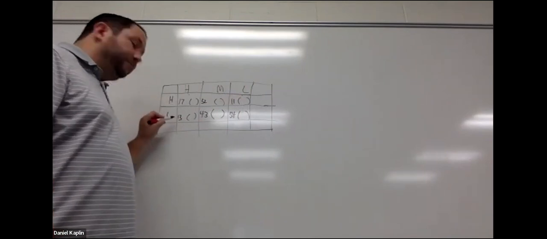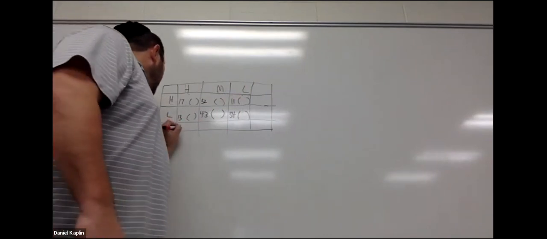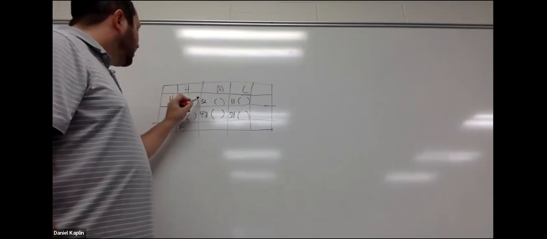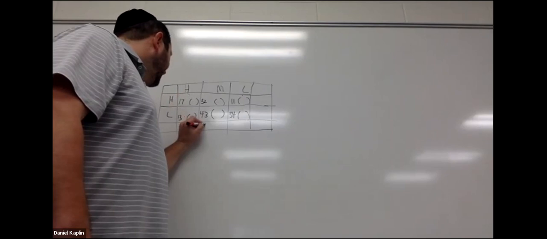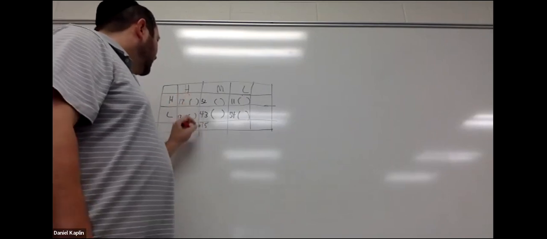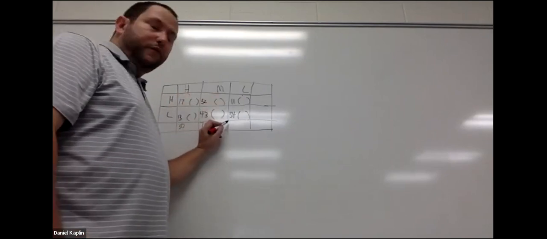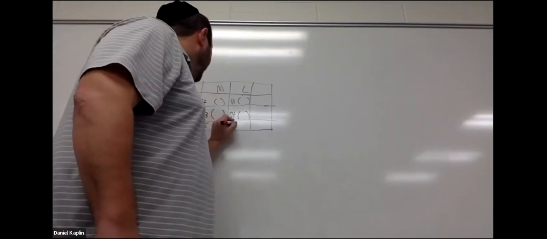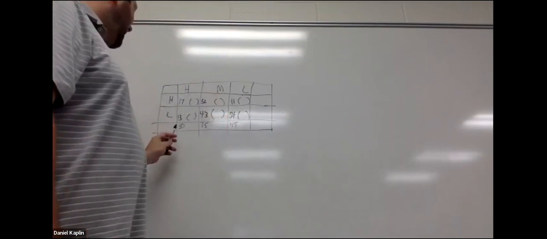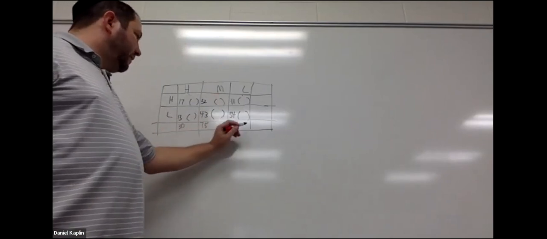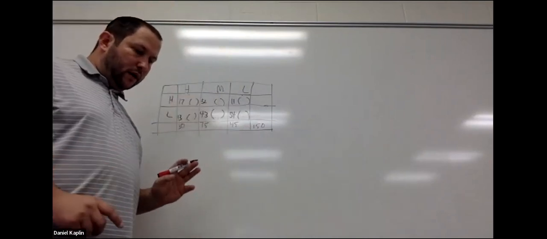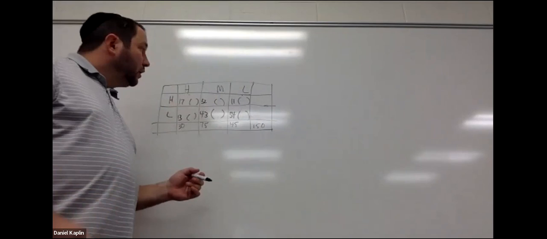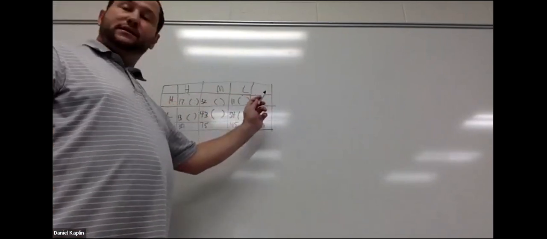So 17 plus 13 gives us 30. 32 plus 43 gives us 75. Now, 11 plus 34 gives us 45. If we add these 3 numbers up, we get 150 total observations.